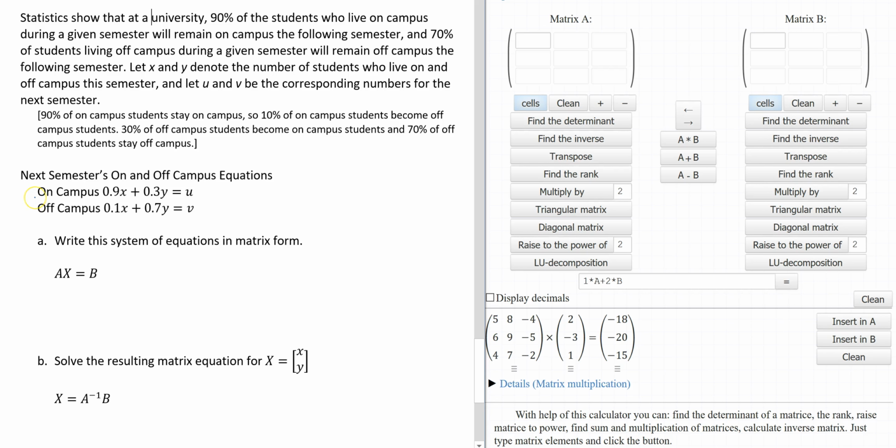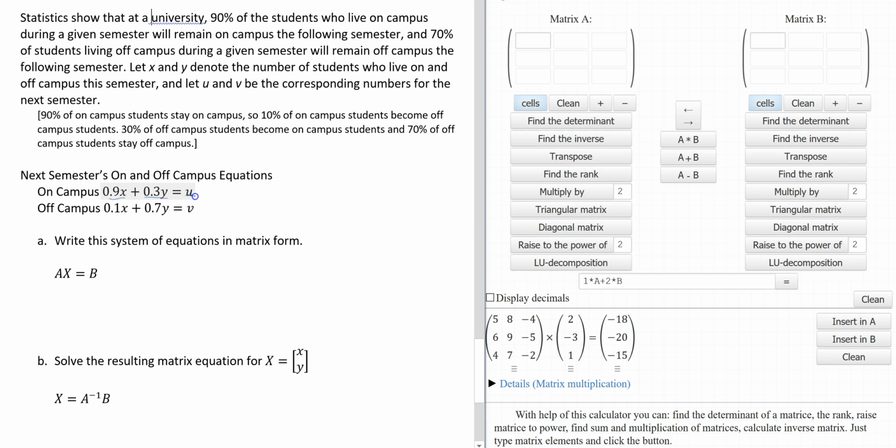The first equation says on-campus students. Okay, so we're going to focus on on-campus students next semester. So X was the number of on-campus students in the first semester. 90% of those are going to stay on campus. Now we're going to have a few more on-campus students, and that is the 30% that used to be off campus are now coming on campus.